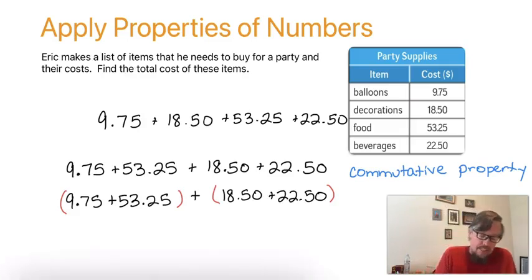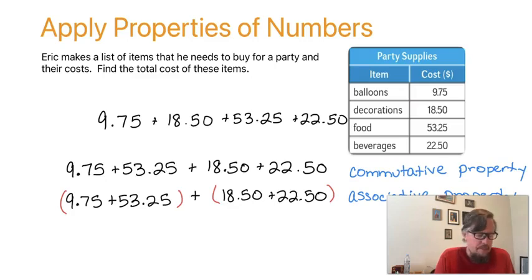Now we haven't moved anything this time. All we've done this time is just group pairs of numbers together. And this is called the associative property because we are associating pairs of numbers together. The associative property says these two numbers are an association, and then the next two numbers are an association.